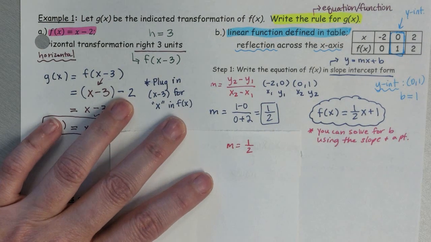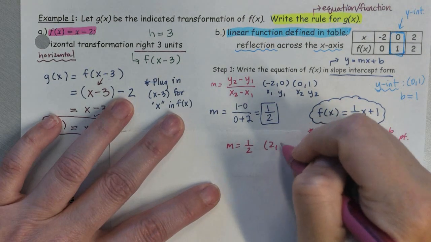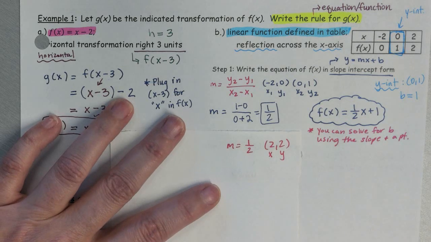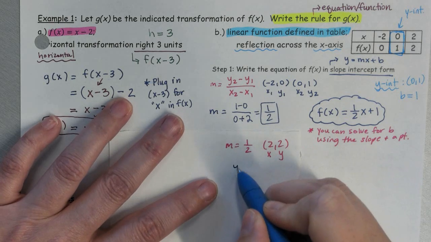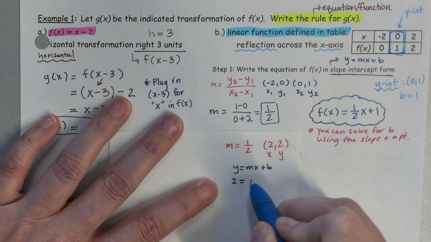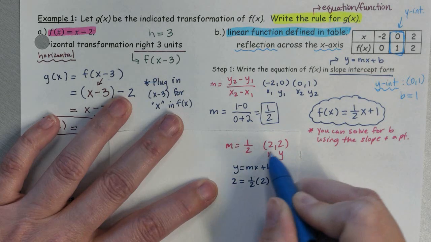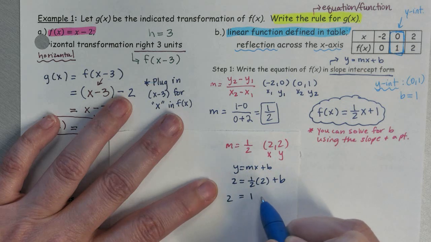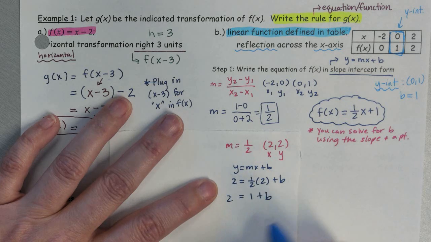I'm going to choose 2, 2, because we haven't done much with that guy yet. Remember, every point is an x and a y. So this is something that you had on your algebra review packet. So if it's y equals mx plus b, I'm just going to plug 2 in for y, 1/2 in for m, 2 in for x, plus b. What's half of 2? 1.